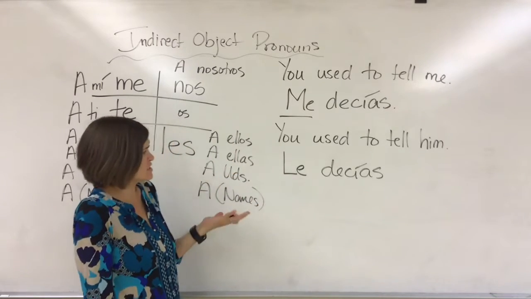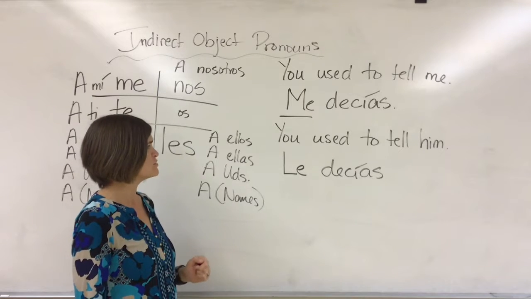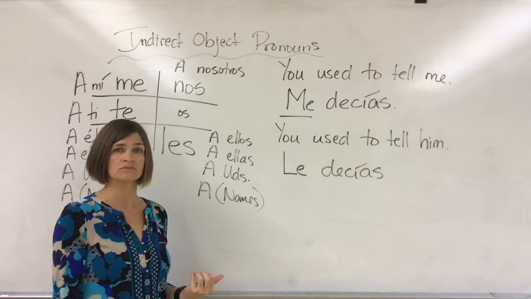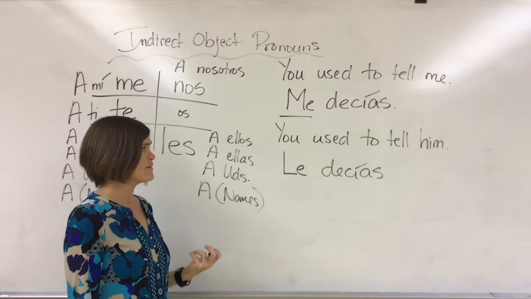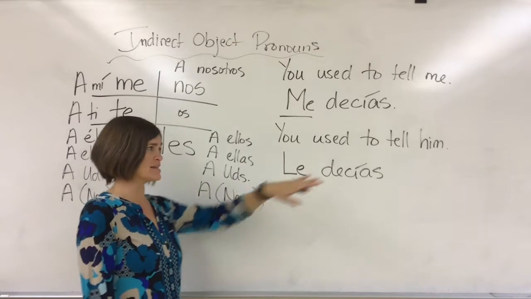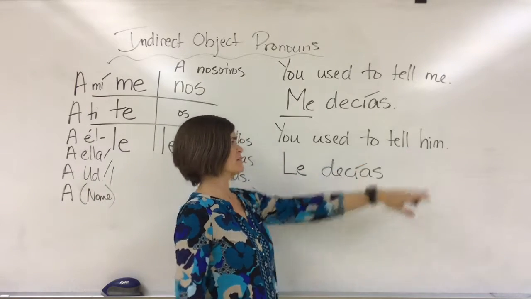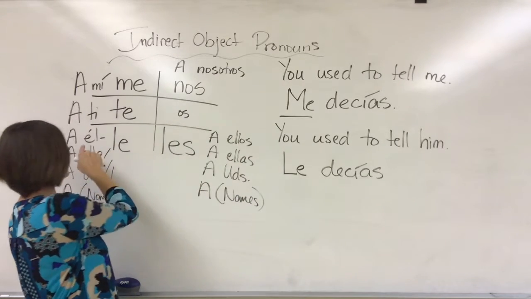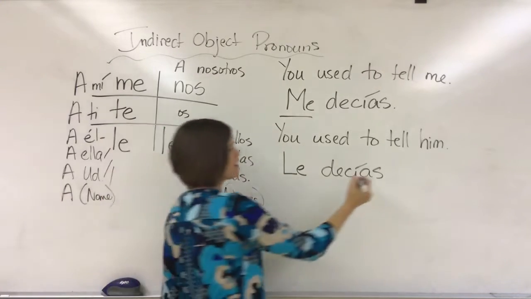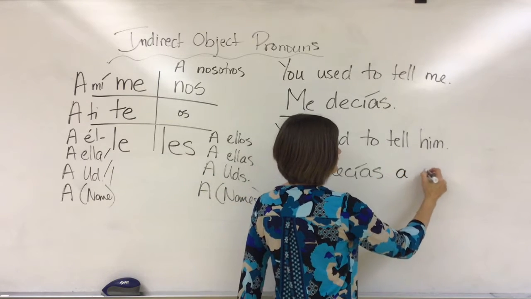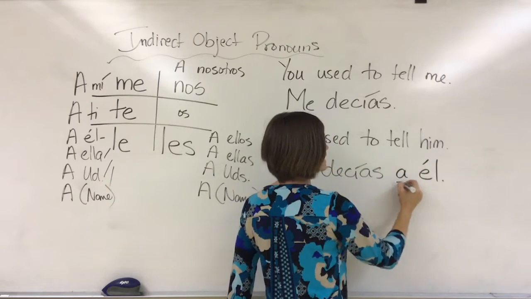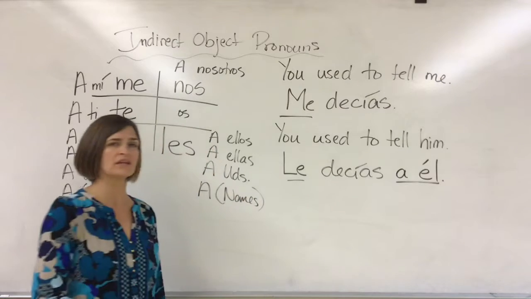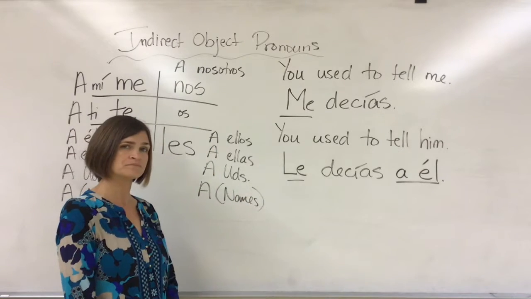If you just see le decías, do you know who I'm talking about in this sentence? So if I want to clarify that it's a him, I'm going to put my clarifier at the end, which for him would be a él. Now I know who the le is referring to.